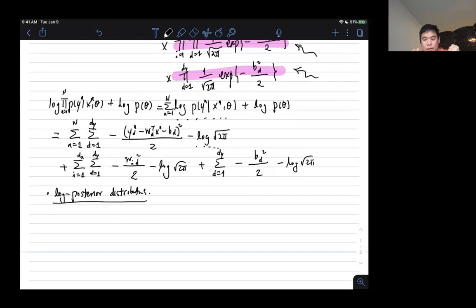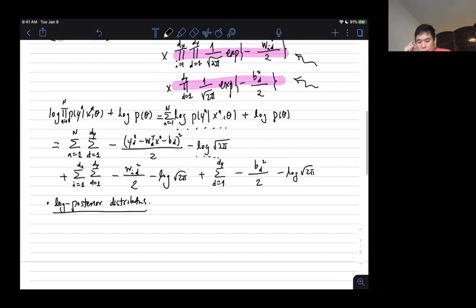If they look like a Gaussian distribution, then we can say that the posterior distributions over the weight matrices and the bias vectors follow a Gaussian distribution. And then we can write the mean and the covariance.